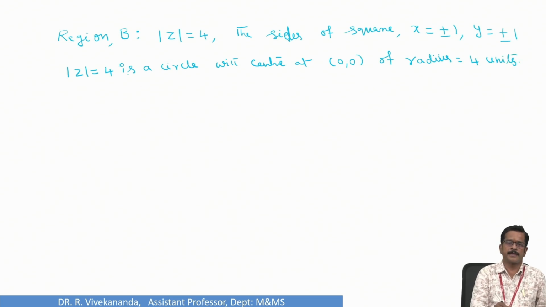Okay, means the region B between mod z equal to 4 and the sides of a square.